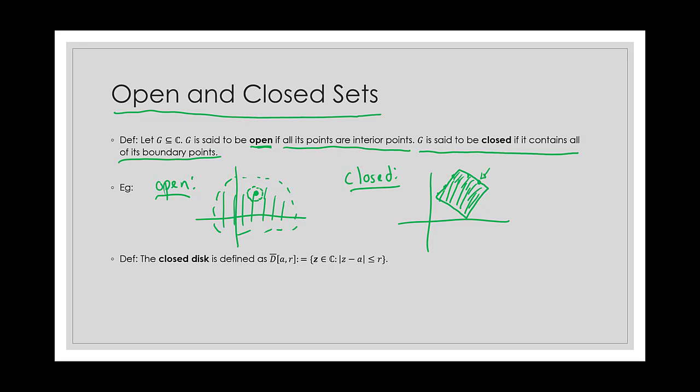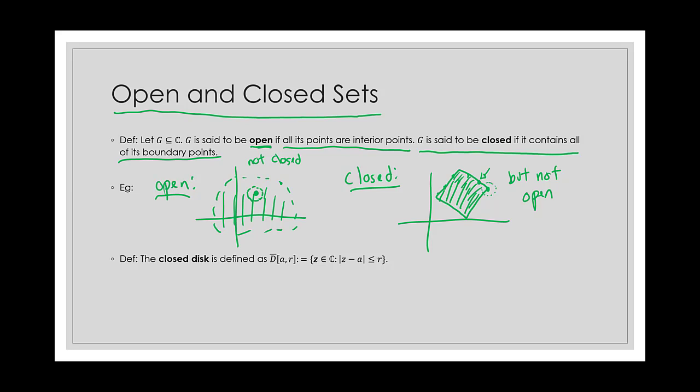It's not open because if you take any border point, you can't fit an open disk that's contained within our diamond. So this is closed but not open. Similarly, the open set here is not closed because it doesn't contain any of its boundary points. Its boundary points are basically the dotted line there, which it doesn't contain.